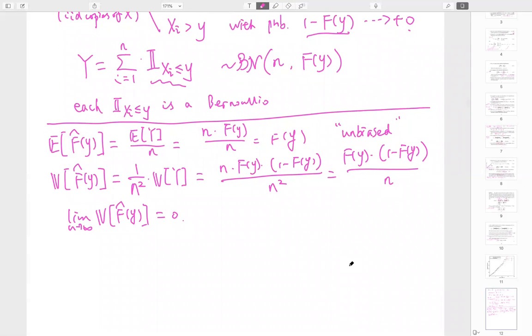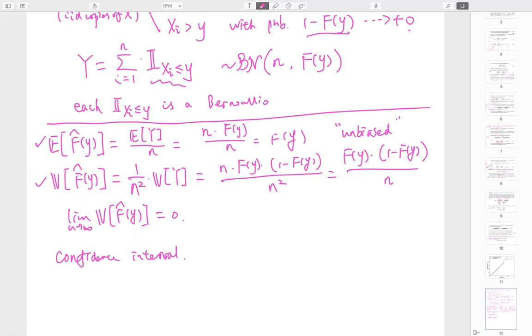Based on that, we are able to construct a confidence interval. Of course, we need to apply a little approximation because so far we only know the first moment and the second moment.